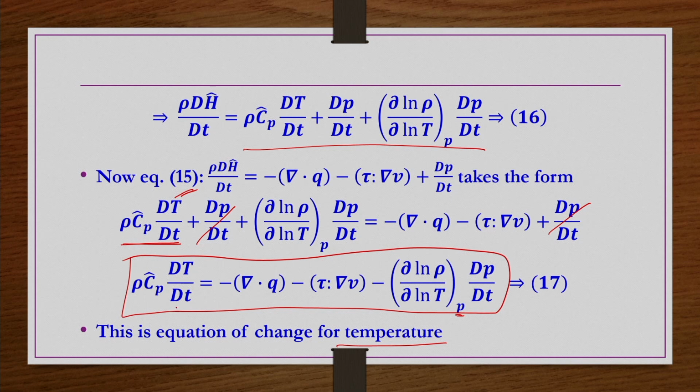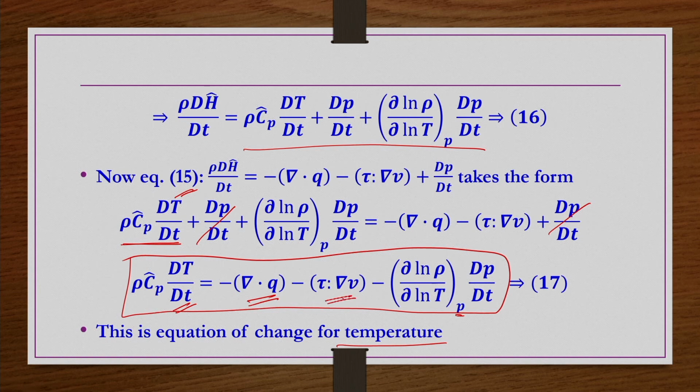So, now this term indicates the rate of increase of temperature, the temporal term, and it also includes the rate of addition of temperature because of convection. This term indicates the rate of addition of temperature because of conduction.